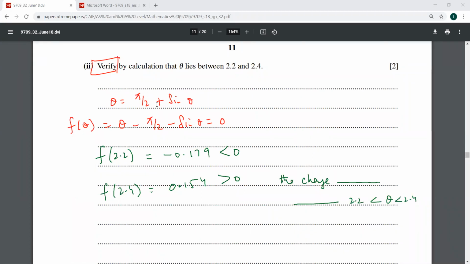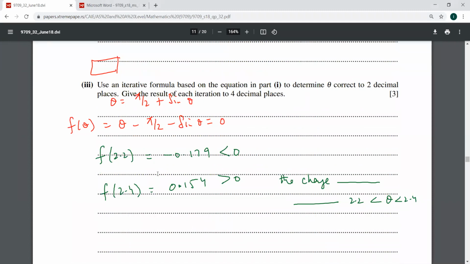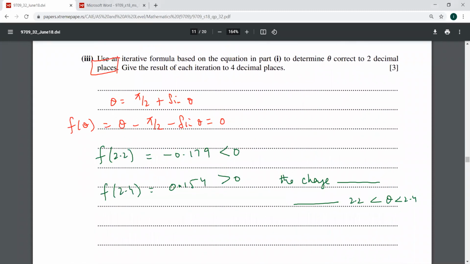So I am moving to the last part, maybe. It says use an iterative formula based on the equation in part 1 to determine theta correct to 2 decimal places. So this is the equation that you have, and you have shown that your theta is between 2.2 and 2.4.